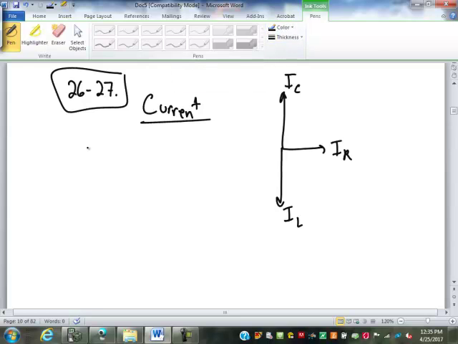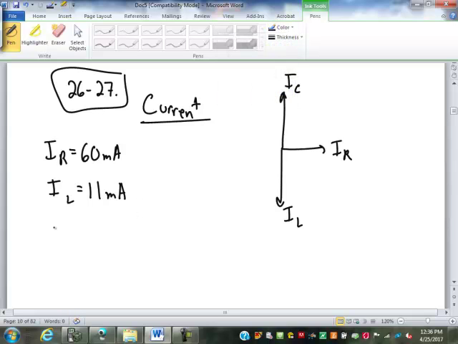So anyway, let's say I tell you that the current through a resistor is, let's say, 60 milliamps. The current through an inductor is, let's just go, 11 milliamps.